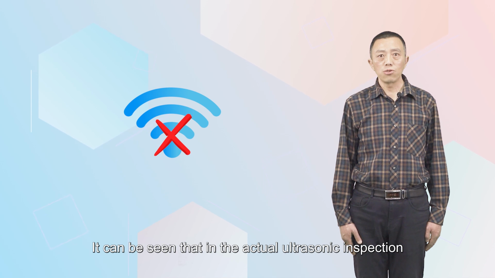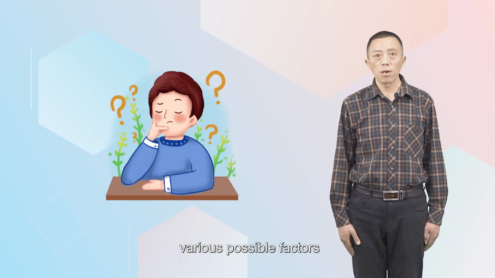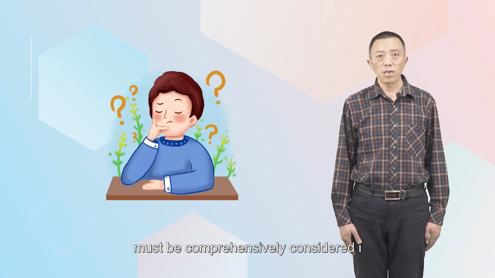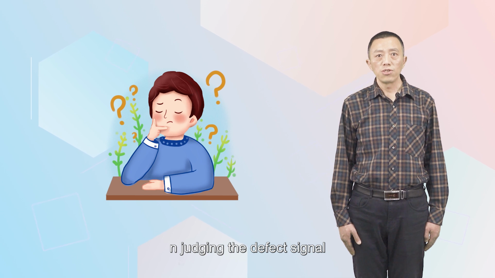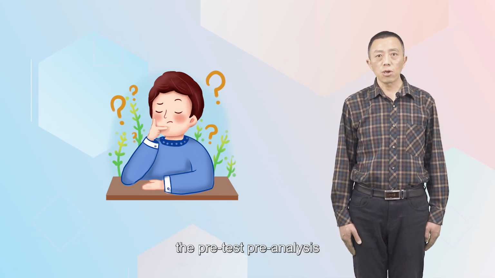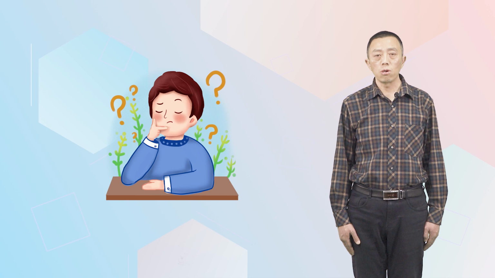It can be seen that in the actual ultrasonic inspection, various possible factors must be comprehensively considered in judging the defect signals. This is especially true when there is clear non-compliance with the pre-test analysis or when there is suspicion.